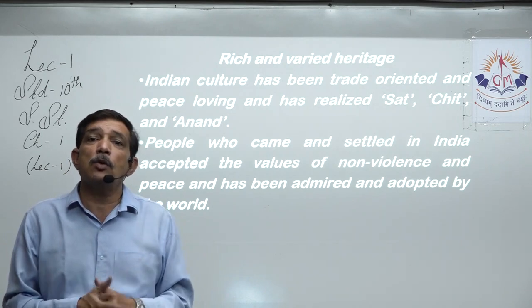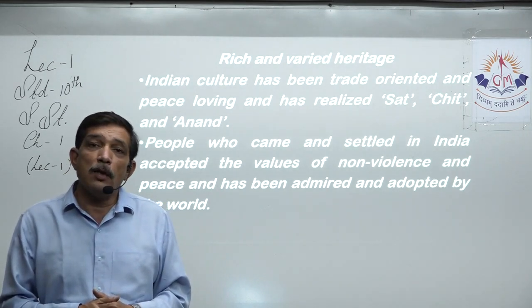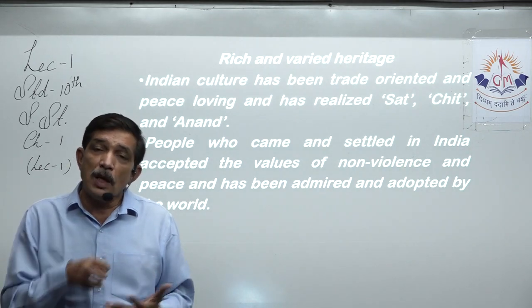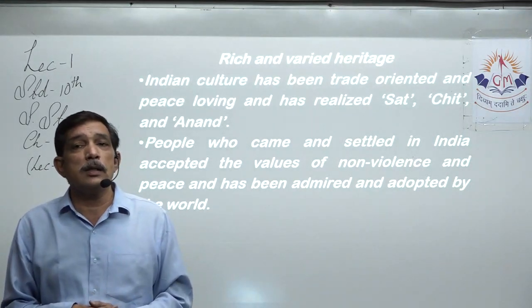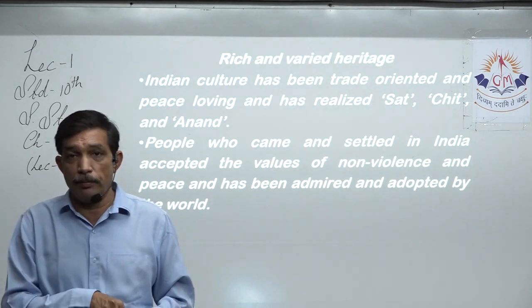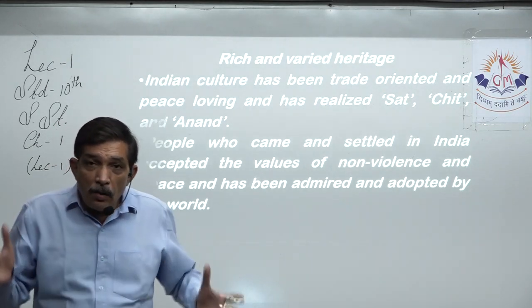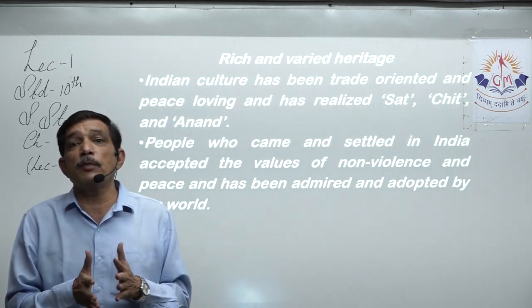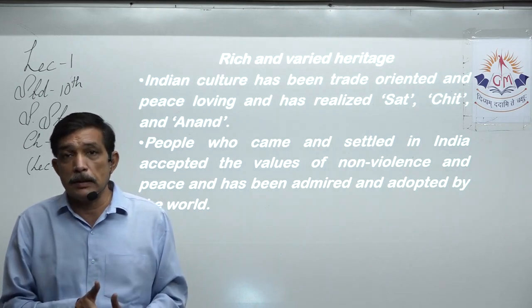Many other countries who were ruled by foreigners, in order to become free, used the path shown by Gandhiji of non-violence and satyagraha, and they were able to achieve freedom. So we were the torch bearers. We showed them the path. We showed them the light. Right?